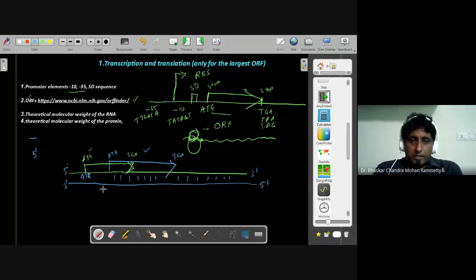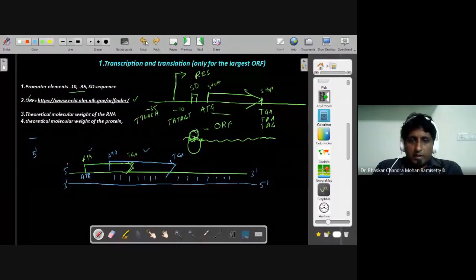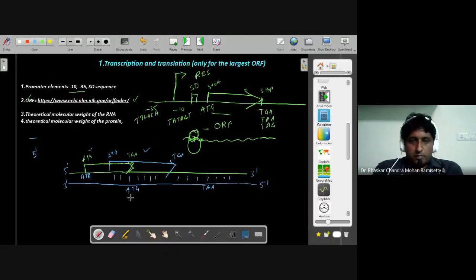So what if you have ATG on this one, somewhere here? Say, for example, you have ATG here and TAA here. So is this a start codon?